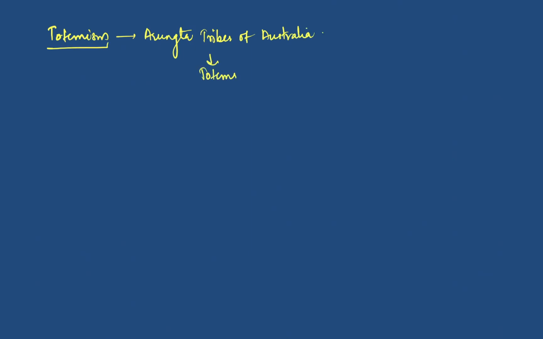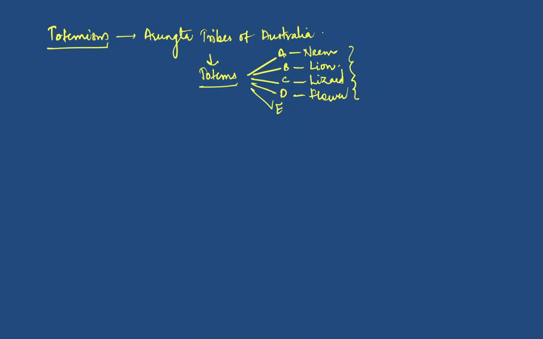So totems are nothing but these people are all divided into certain clans or groups. Let's say A, B, C, D, E, right? And every clan or group of the tribe has a certain totem that they worship. For example, A may have a neem tree, B may have a lion, C may have a lizard, D may have a flower. So there are different things that the people worship, right?